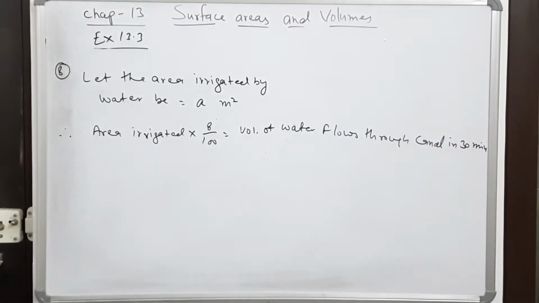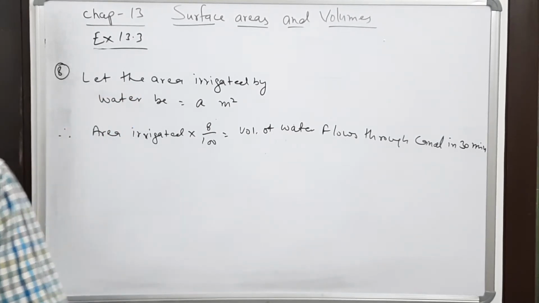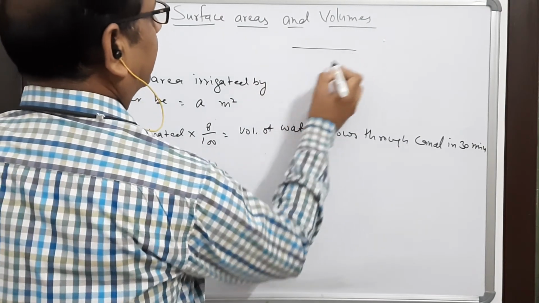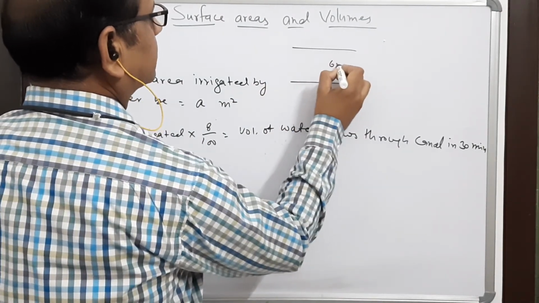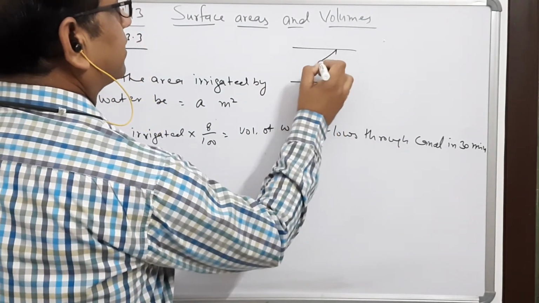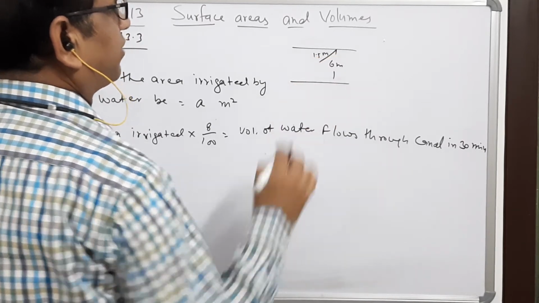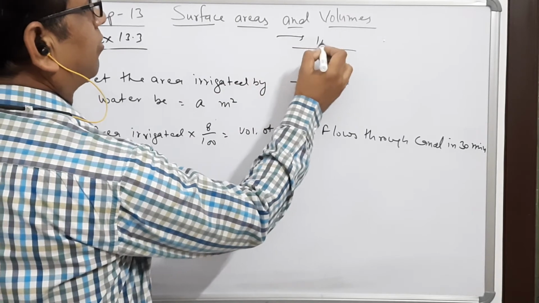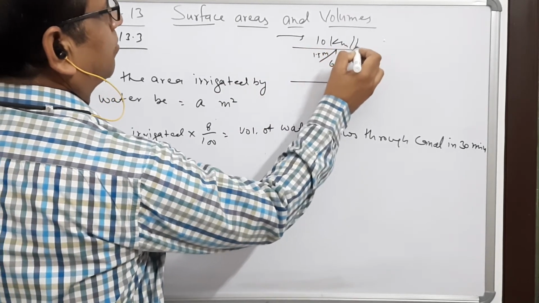Yes, dear students, I have written a few steps here to explain to you. There is a canal, and the width of the canal is 6 meter and the depth of the water is 1.5 meter. And the water is flowing in the canal at the speed of 10 km per hour.